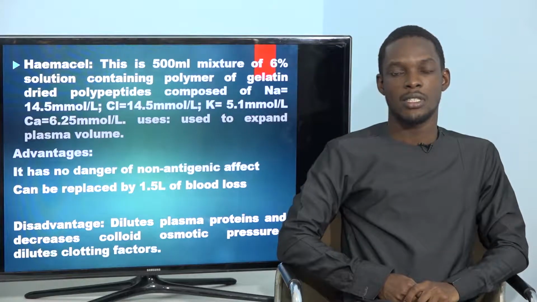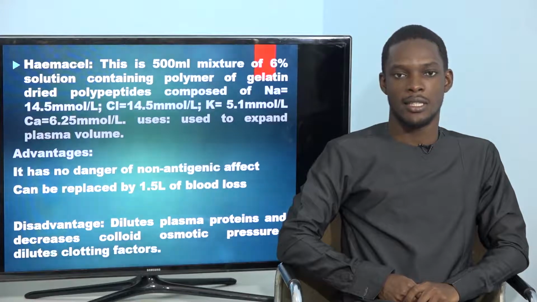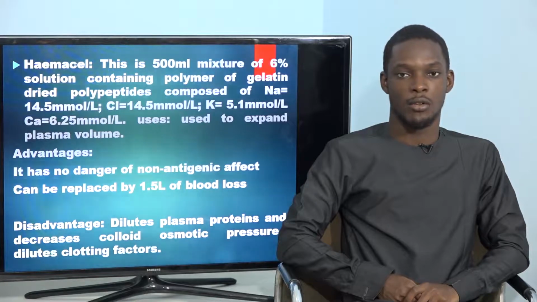Advantages include that it has no danger of antigenic effects and can replace up to about 1.5 liters of blood loss. A disadvantage is that it dilutes plasma proteins and decreases colloid osmotic pressure and dilutes clotting factors.